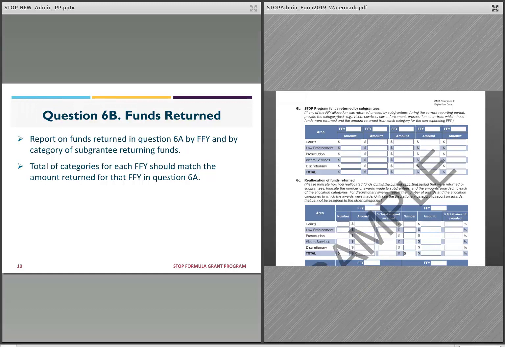For example, victim services, law enforcement, prosecution. So you'll be breaking out that amount returned unused according to the category it was originally awarded to. The total of categories for each federal fiscal year should match the amount returned for that federal fiscal year that is reported in question 6A.